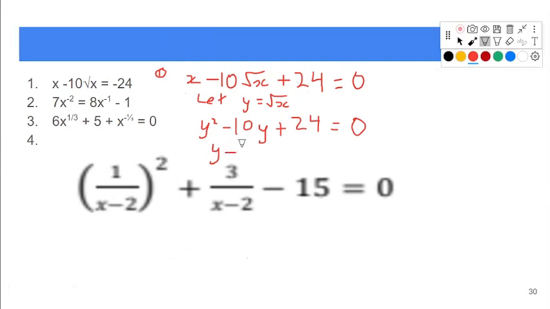So I'll just write y minus 4, y minus 6 is equal to 0. So therefore we have y is equal to 4 or 6.